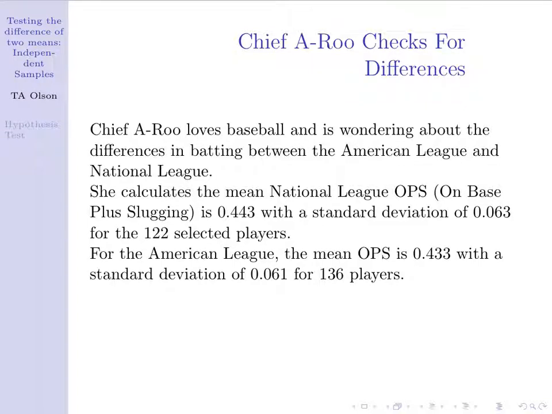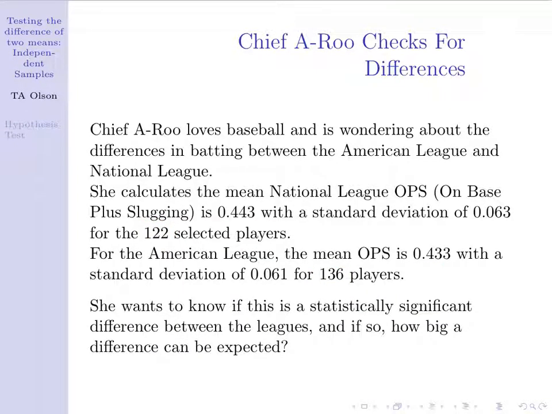For the American League, she calculates an OPS of .433 with a standard deviation of .061 for 136 players. So we don't need our sample sizes to be the same, but they need to be large enough to satisfy our central limit theorem.